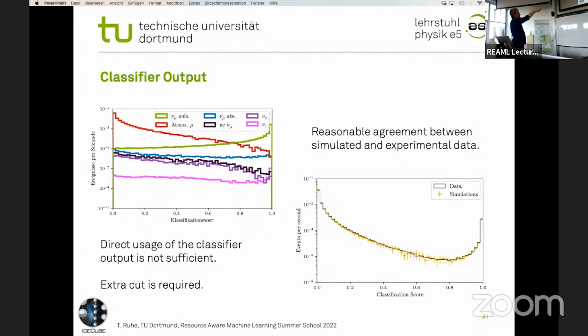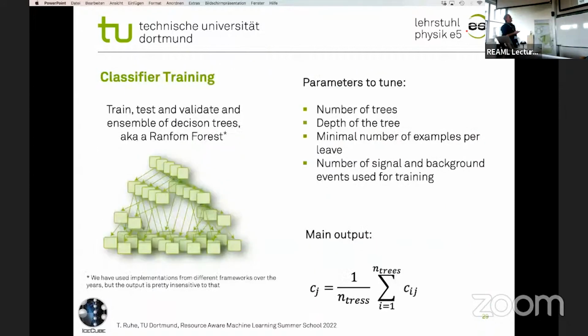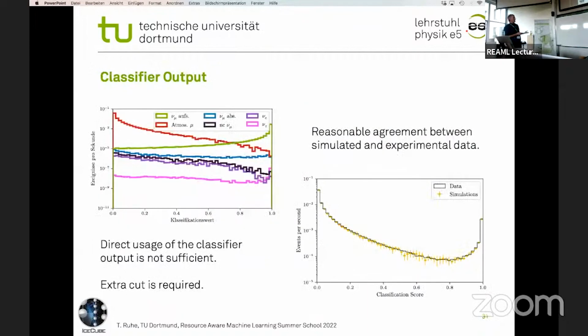Nu e cascades. These cascades and tracks are not always as clear and nice as I was showing them. If you go to really high energies, then they become clear and nicely distinguishable by eye. If you go to lower energies, then it might be a track that just hits the detector somewhere at the corner.